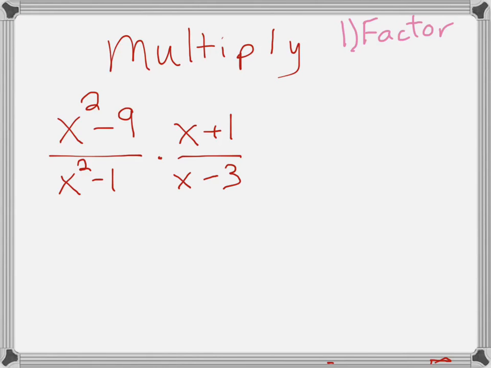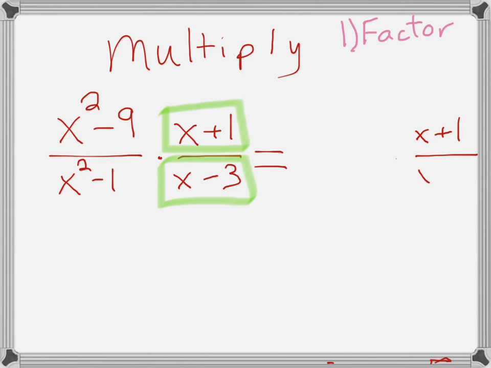All right? So we're going to take this and factor every part. I'm putting in green highlight the parts that are perfectly factored. So I'm just going to rewrite those on the far right side as x plus 1, x minus 3. Now we need to factor the x squared minus 9.